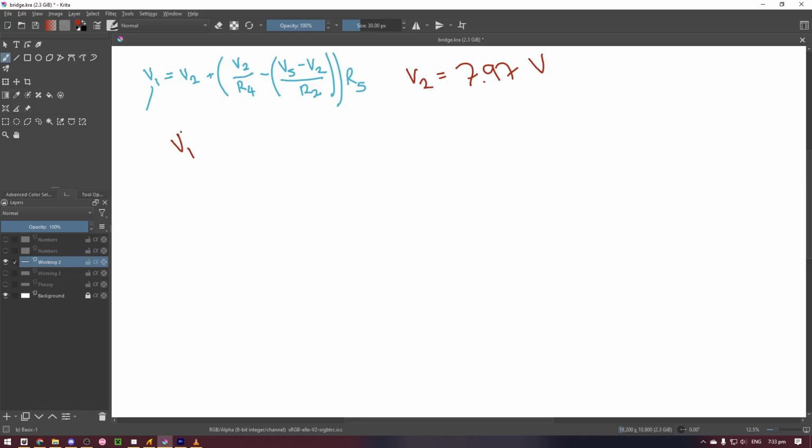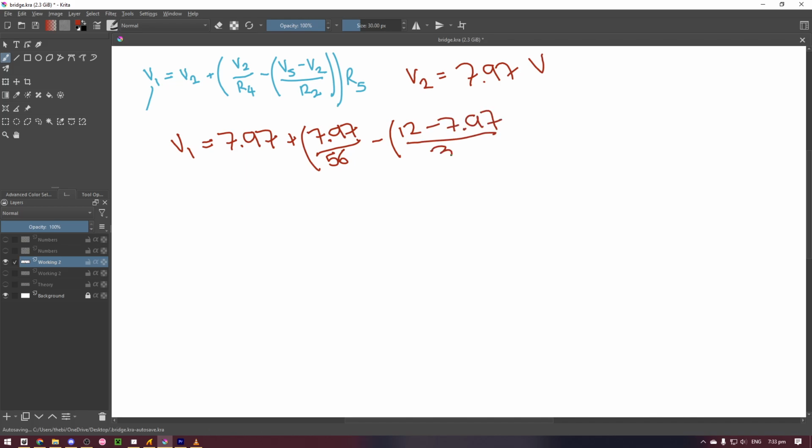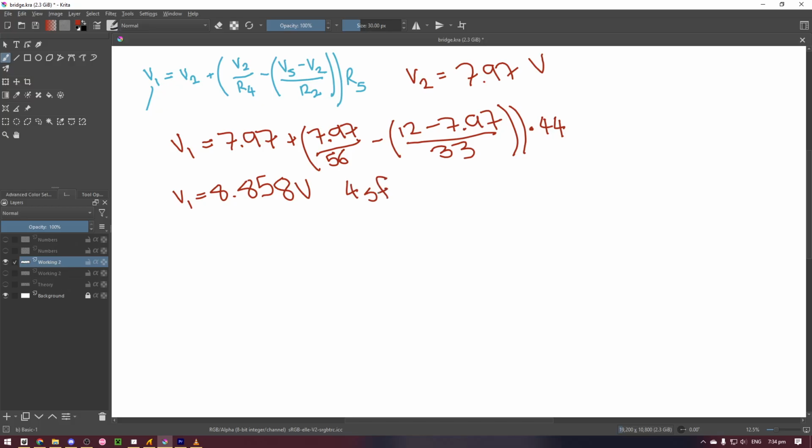So V1 is going to be 7.97 plus 7.97 over 56 minus 12 minus 7.97 over 33, and then that is all going to be multiplied by 44. Putting this into a calculator, V1 has a value of 8.858 volts to 4 significant figures.